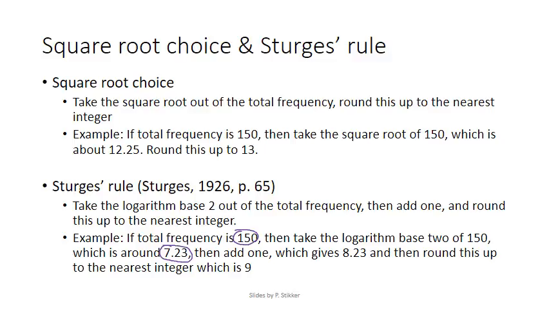We then add 1, so that becomes 8.23, and then we round this again up to the nearest integer, which is 9. So if we have 150 scores, then according to the square root choice, we should use 13 bins, while according to Sturges' rule, we should use 9 bins.